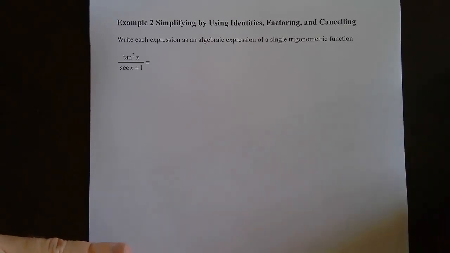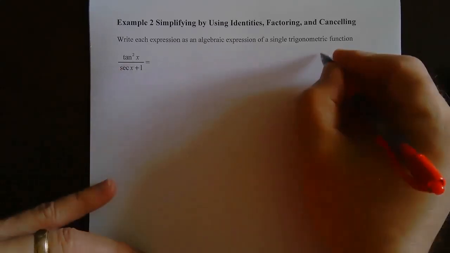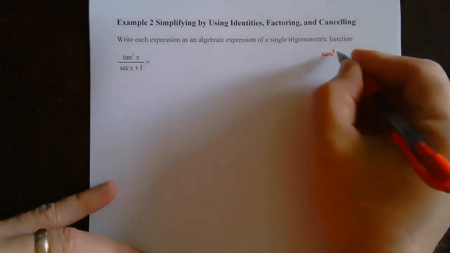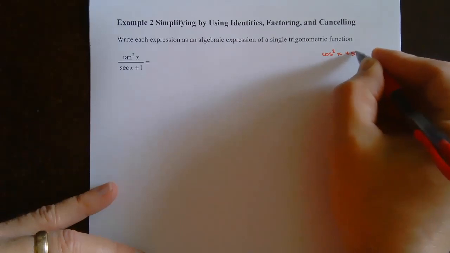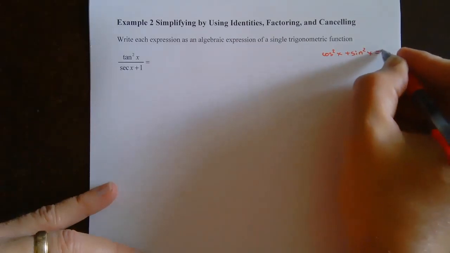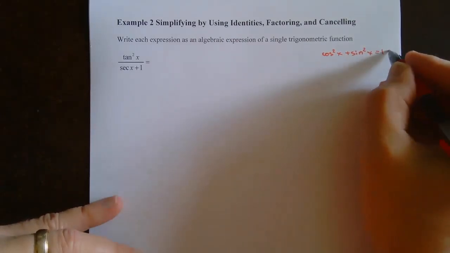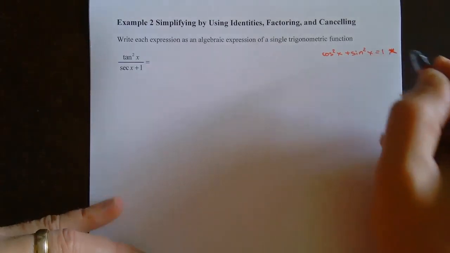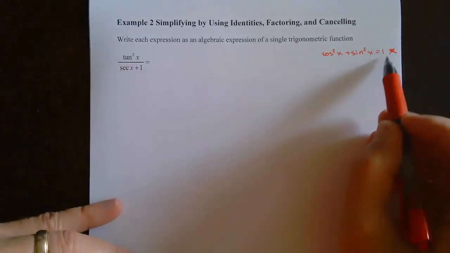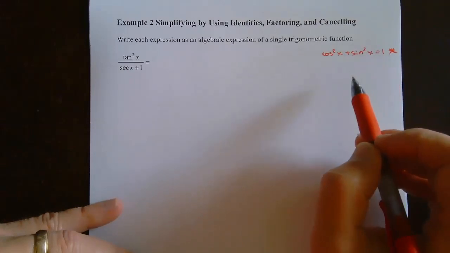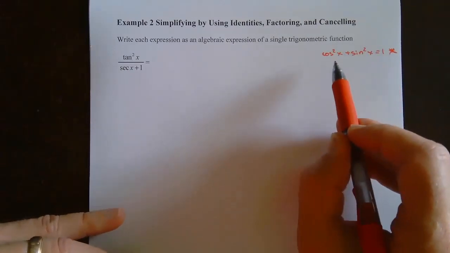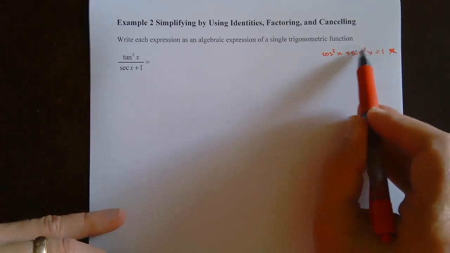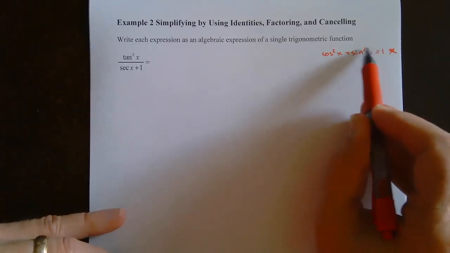Okay, so which one is this, right? Well, remember cosine squared x plus sine squared x is equal to 1. That's really the one that you have to know down pat, okay. Tan squared x is a modification of this, right? So if I divided by cosine squared x, this sine squared x would be over cosine squared x, which would make a tan squared x.